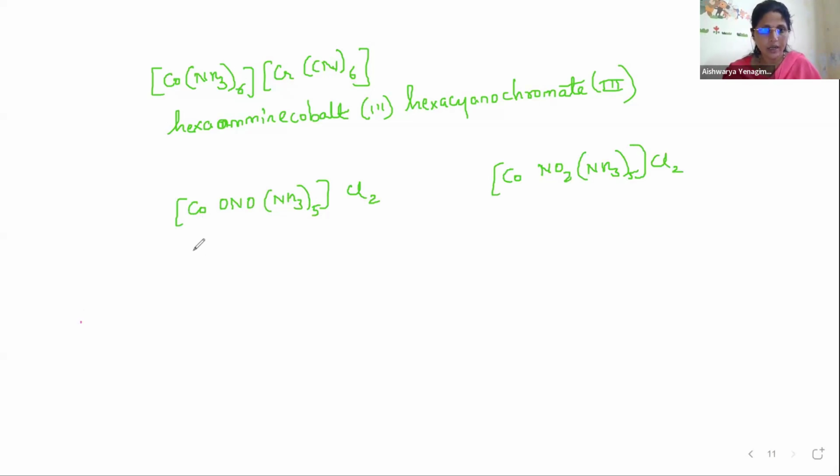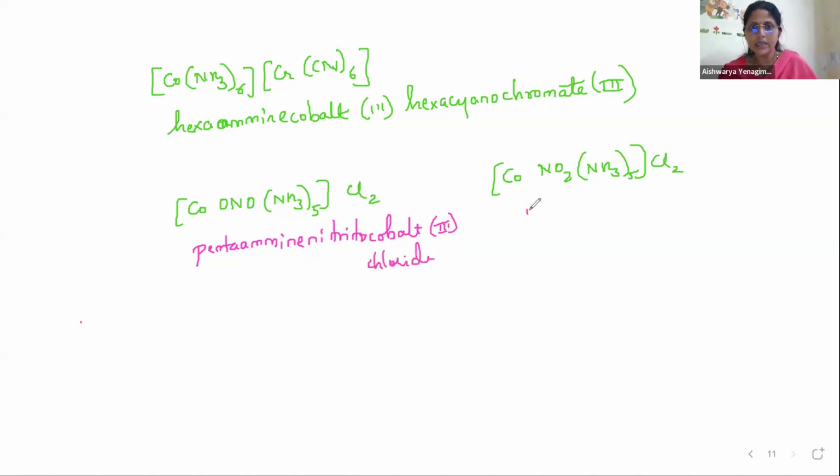So pentaamminenitritocobalt(III) chloride. And here you write it as pentaamminenitrocobalt(III) chloride. Is that right?